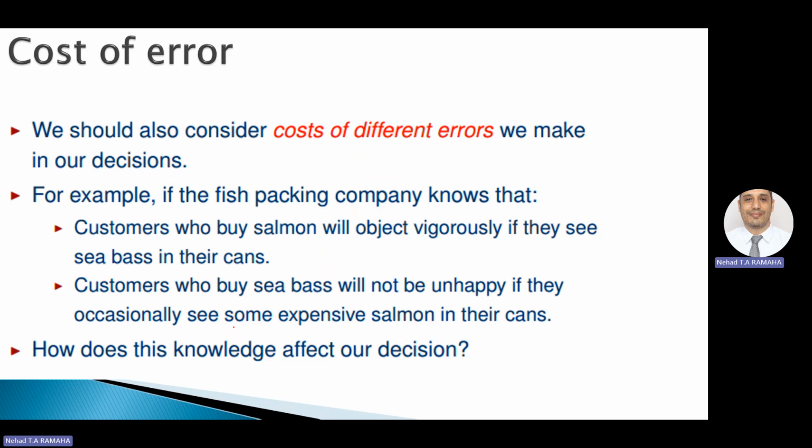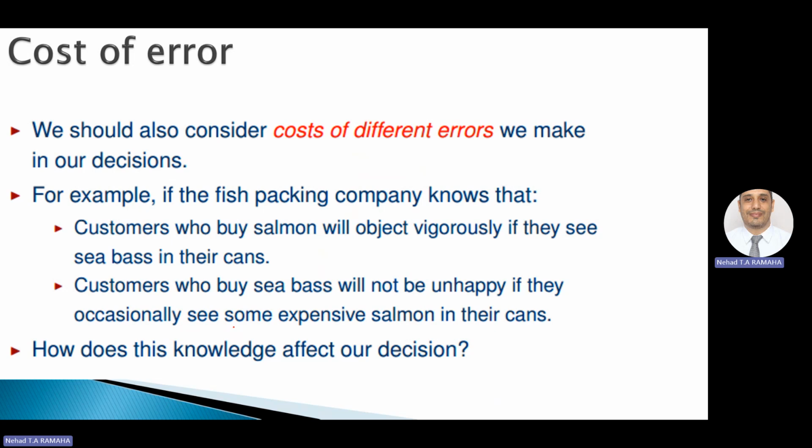We have another issue when we classify: the cost of error. You have this fish, okay? And we don't know whether this fish is salmon or sea bass. The system will classify it.